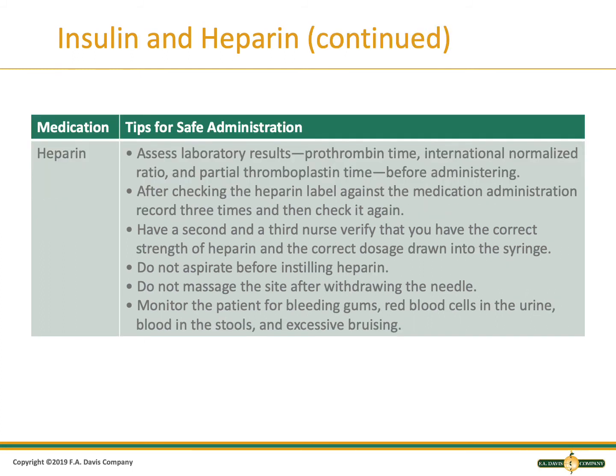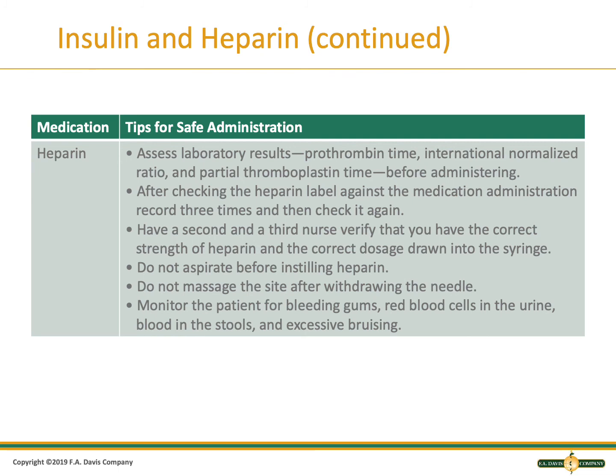With heparin, you want to assess lab results, the prothrombin time, the international normalized ratio or INR, and partial thromboplastin time before administering. After checking the heparin label against the medication administration record 3 times, and then check it again, have a second and a third nurse verify that you have the correct strength and dose of heparin drawn into the syringe.